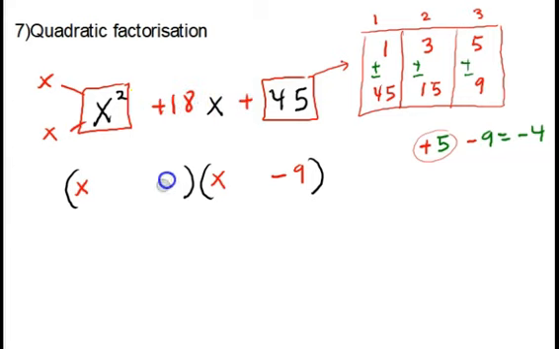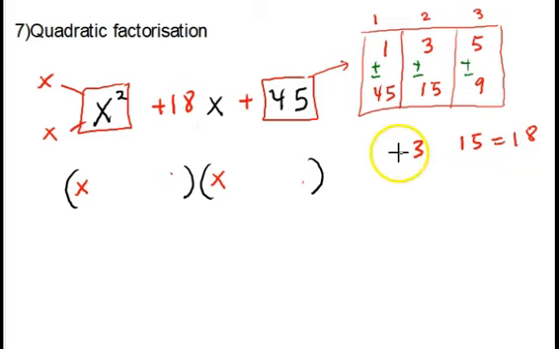In this case, the box that I can select is the second box, because with 3 and 15 you are able to get 18. So how do we get the positive 18 here? We have to use positive and positive signs on this side. So here we get positive 3 and here positive 15. That's how we get the answer.